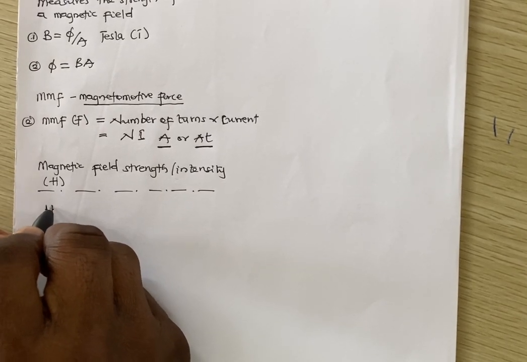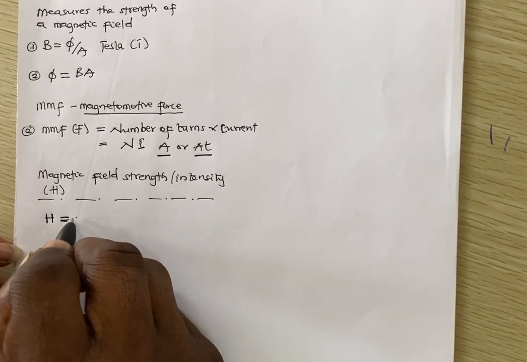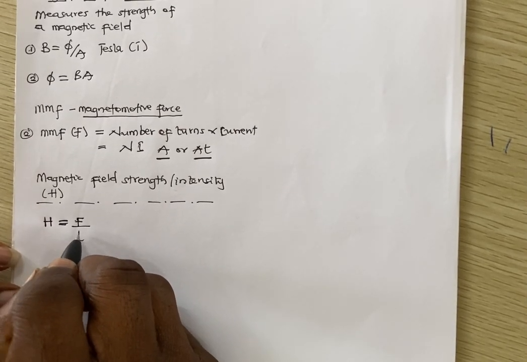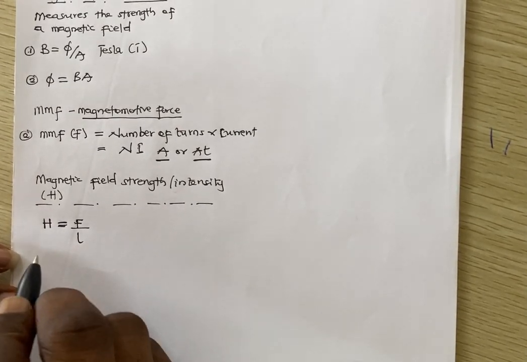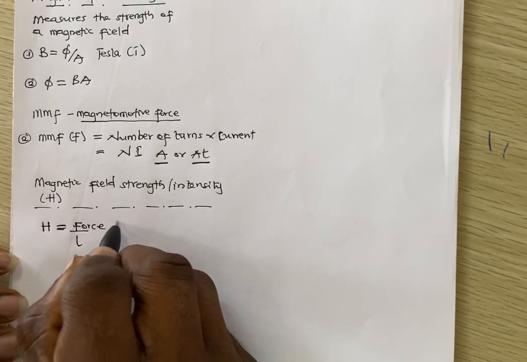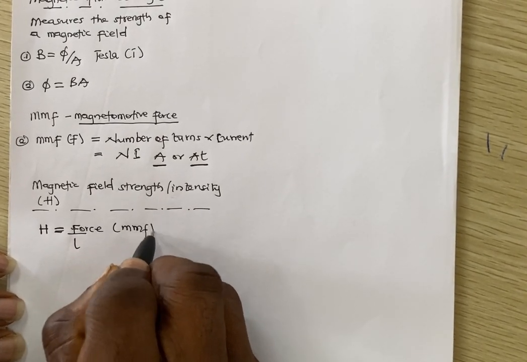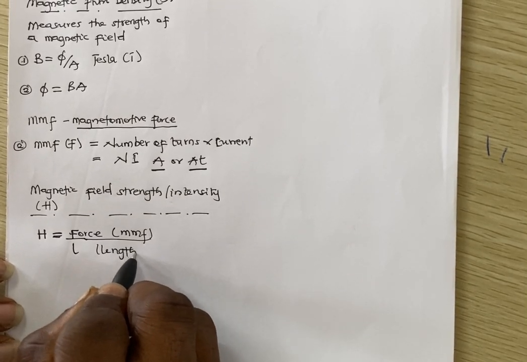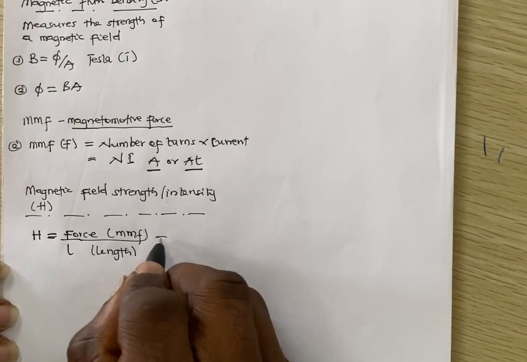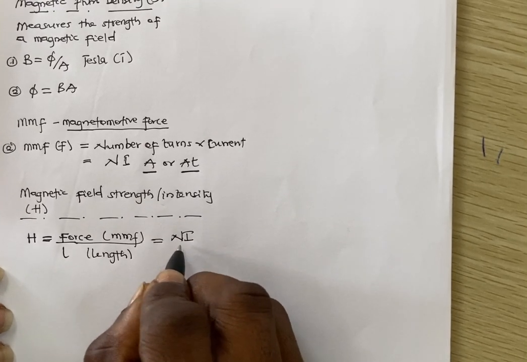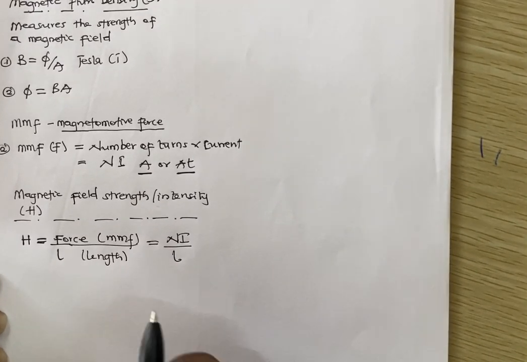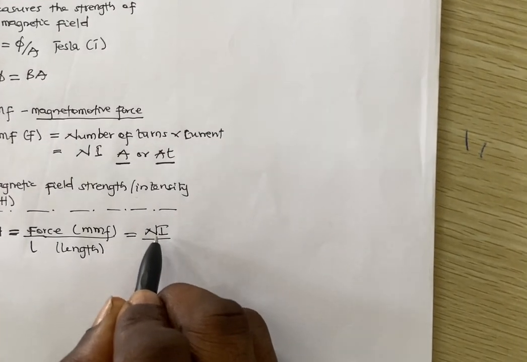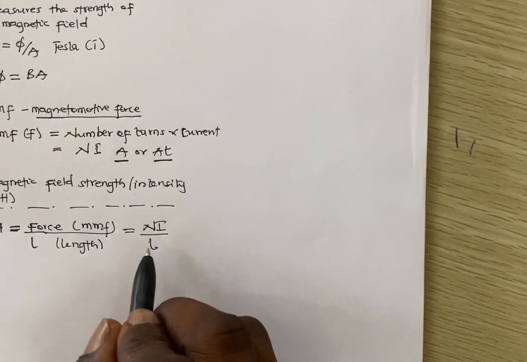So the field strength H is the magnetomotive force F per unit length L of the magnetic circuit. So this is F, or the MMF, over the length, and this can further be expanded to Ni over L, since force can be expressed as number of turns times the current.